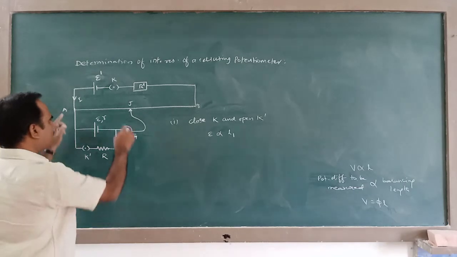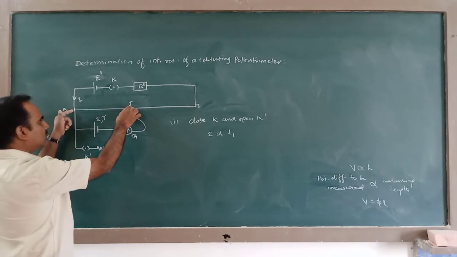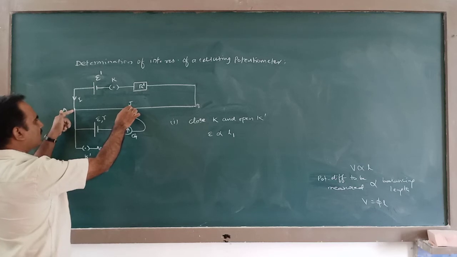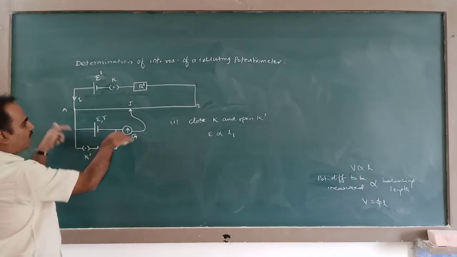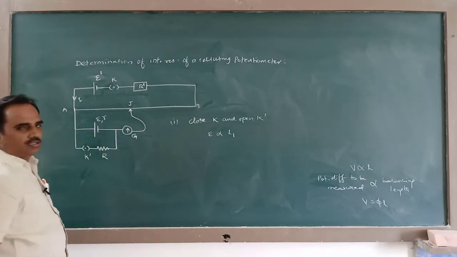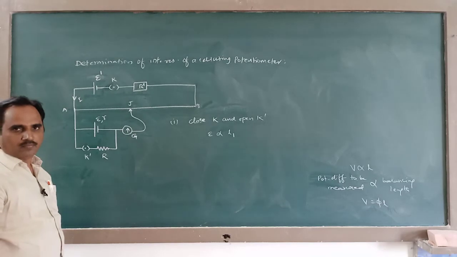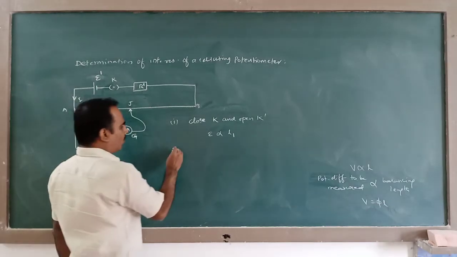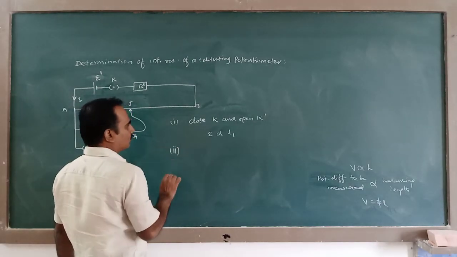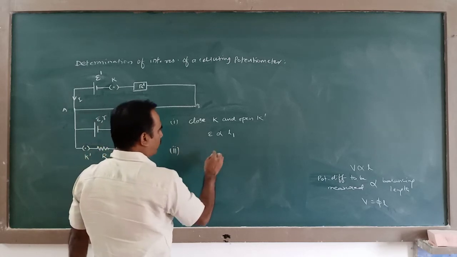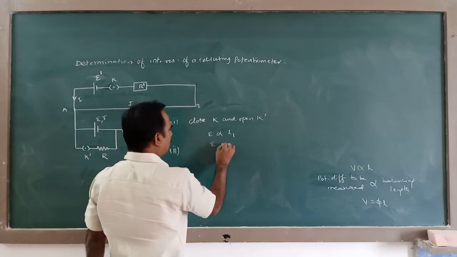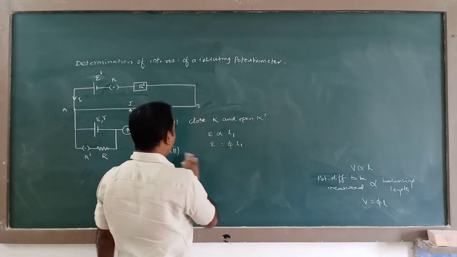When the potential difference across the wire AG is equal to the potential difference across the cell, you will get balancing length L1. So E is proportional to L1, so E is equal to phi L1, where phi is the potential gradient.